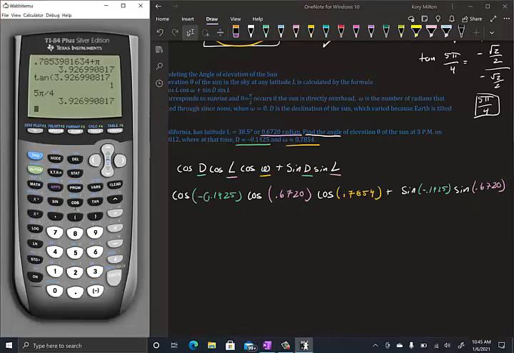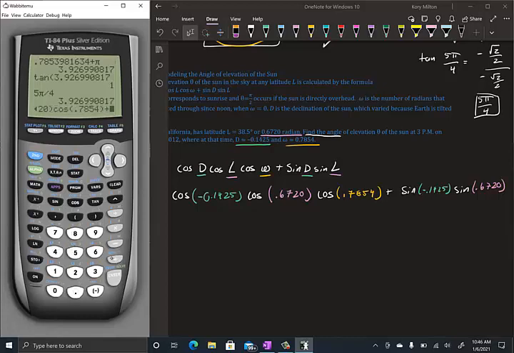All right, so we have cosine of negative 0.1425. Then we have cosine 0.6720. Then we have cosine 0.7854.